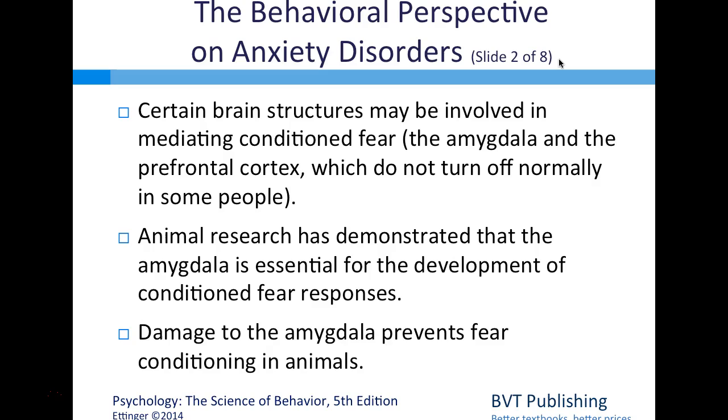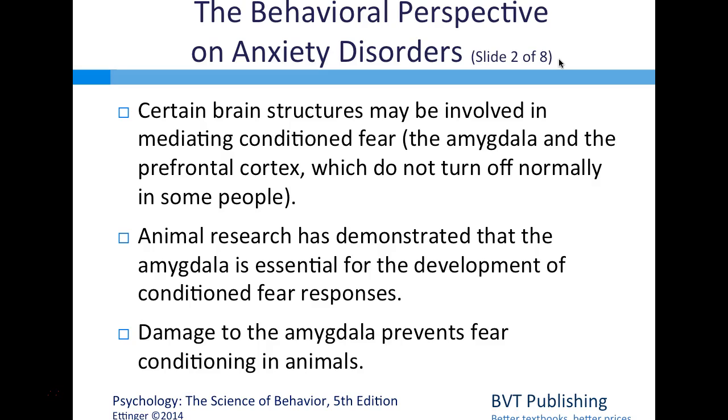Okay, let's talk a little bit more about what that is, okay? Recent experimental work with animals supports the idea that the amygdala is essential for the development of conditioned fear responses. In addition, during the course of fear conditioning, cells in the amygdala begin to fire with the onset of a conditioned stimulus that precedes shock.